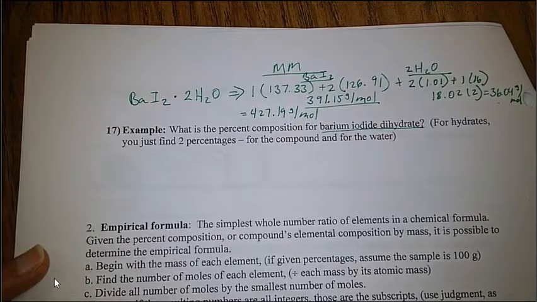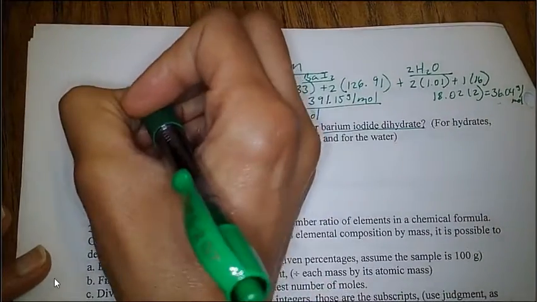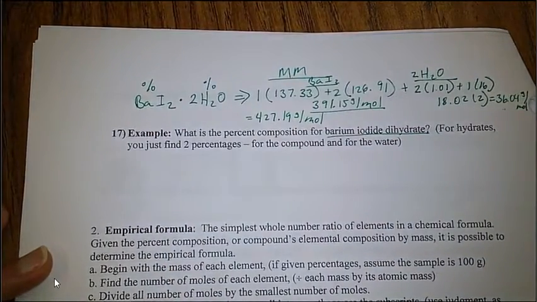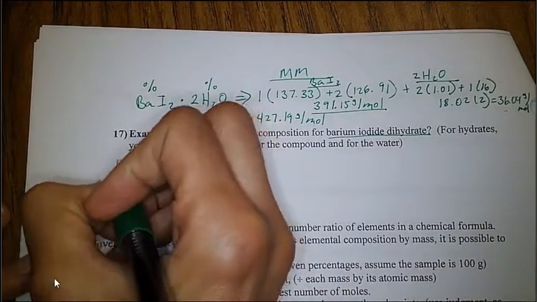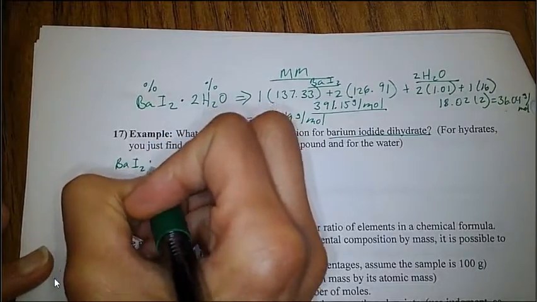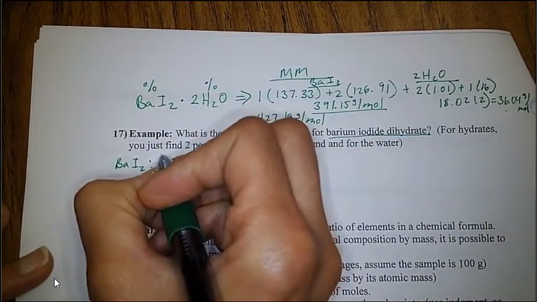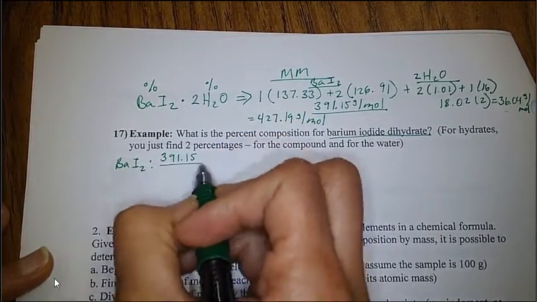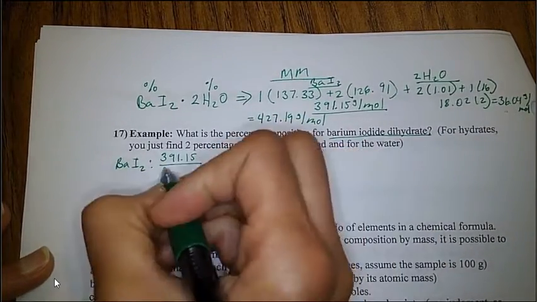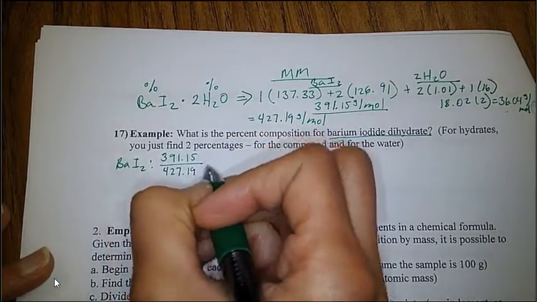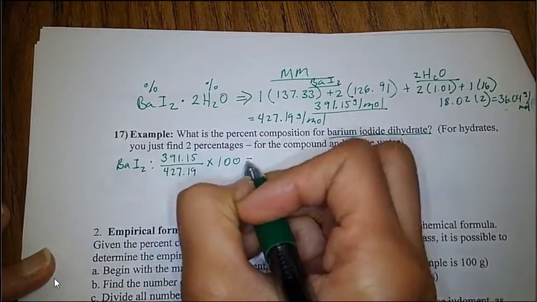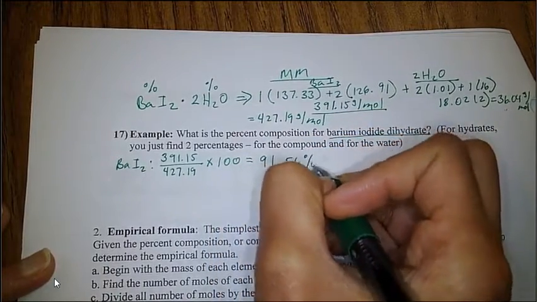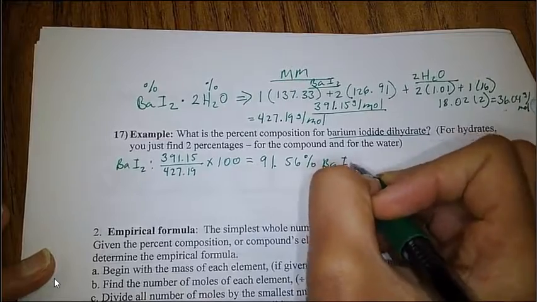Okay, so in here we are trying to find what percentage of barium iodide we have and what percentage of the water we have. We're going to start off with barium iodide. We have 391.15, the mass of our barium iodide, out of the total 427.19, times 100, and that gives us 91.56% of the sample is barium iodide.